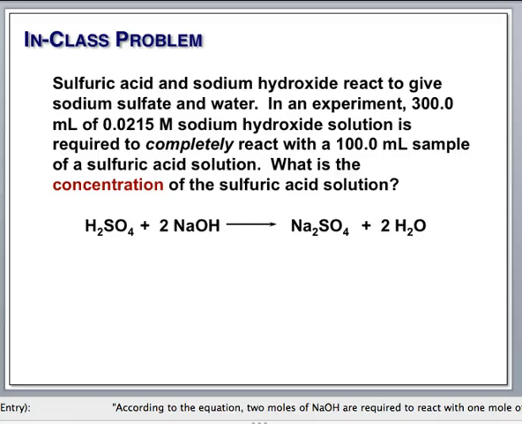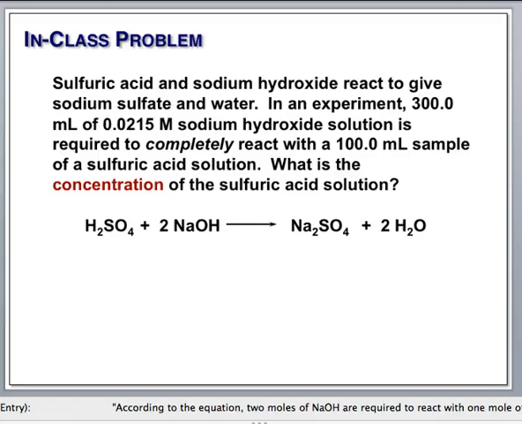All right, what we've done here, we took 300 mils of our sodium hydroxide. We saw that that reacted completely with 100 mils of a sulfuric acid solution.